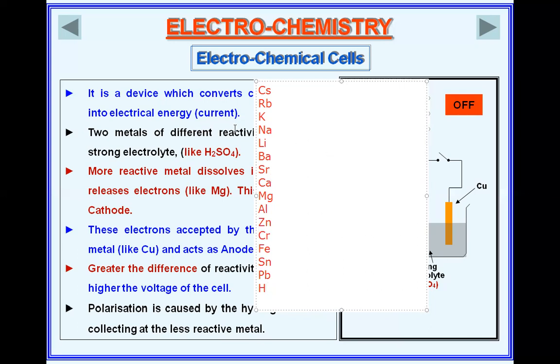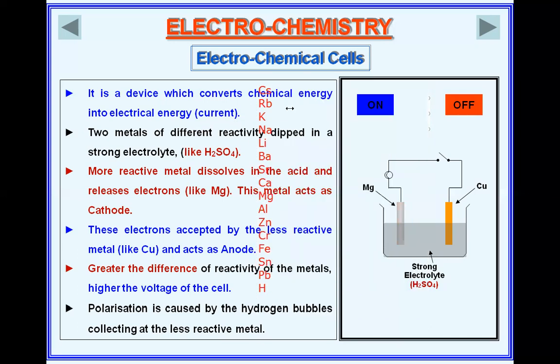But normally we know that if this series is confined, something can be removed from the list like cesium, rubidium. Now we are discussing potassium, then sodium, calcium.